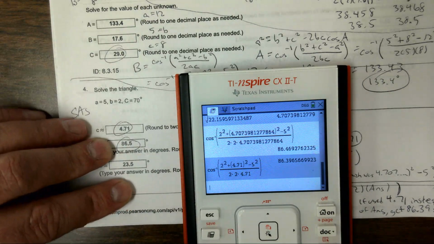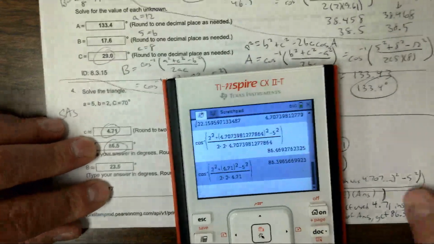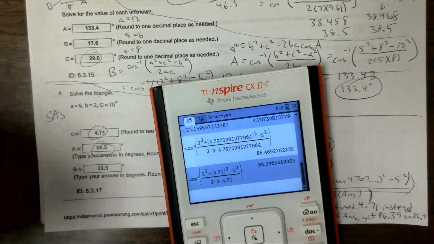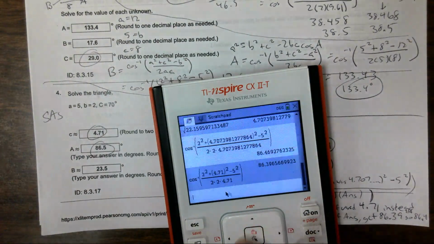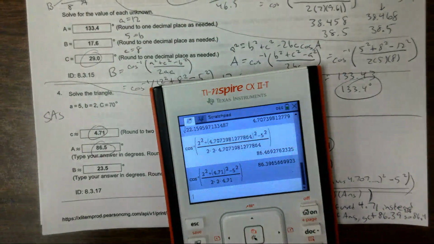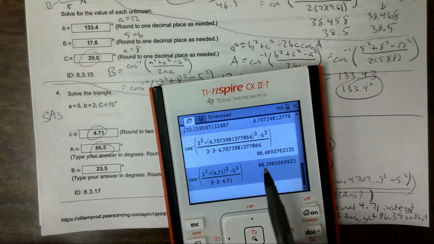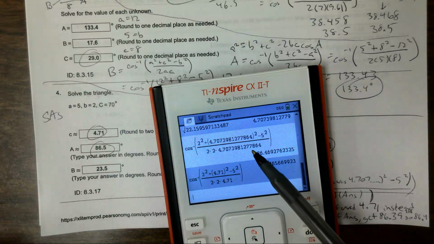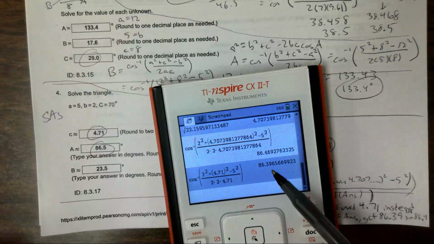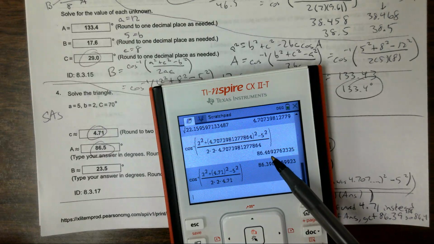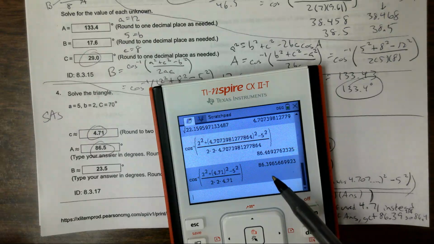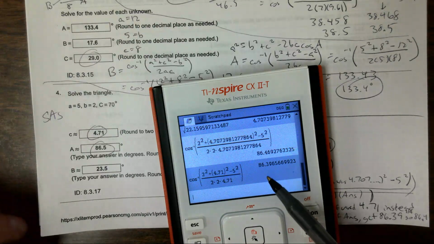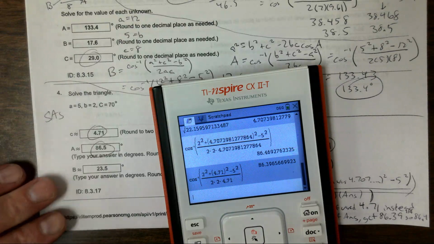And I know in a few videos I've mentioned, don't get mad if you're off by 0.1 or 0.01 or whatever. Just make sure you're using your answer button, because we know that happens. Earlier we were lucky, but here we weren't. You can see the top one's going to round to 0.5 and the bottom one's going to round to 0.4. So just be aware of that.